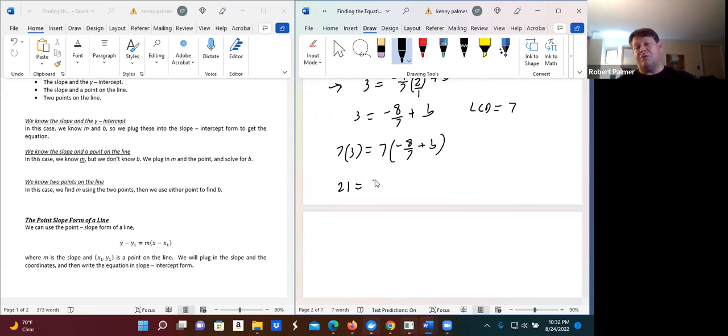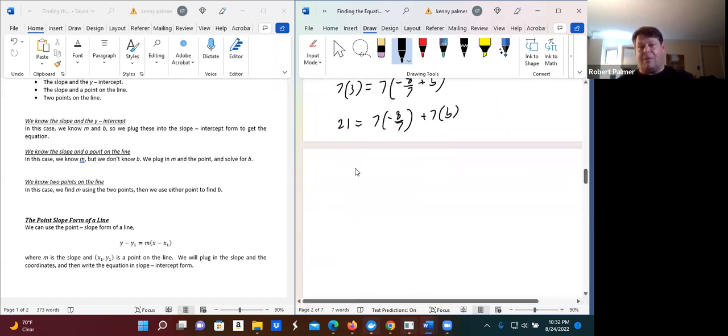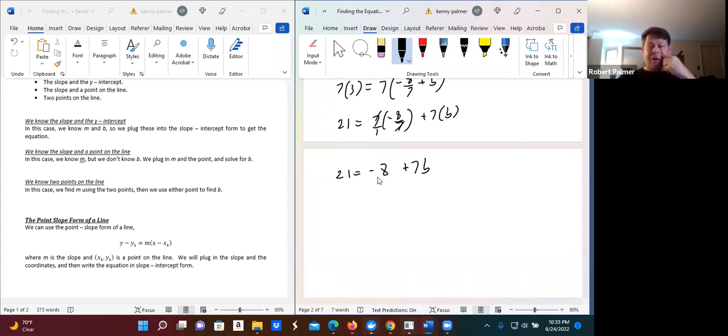Here, distribute the 7, so we're going to have 7 times -8/7, then plus 7 times b. And if I simplify my right side, 21 is equal to, these 7s cancel out. We're left with -8 over 1, or -8 plus 7b. At this step, if you've done this, you shouldn't have any more denominators. If you do, then something's wrong.